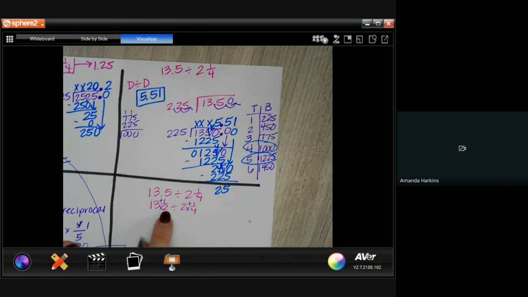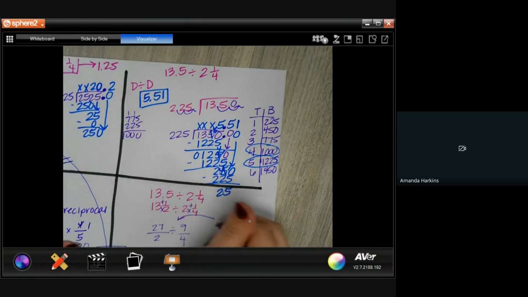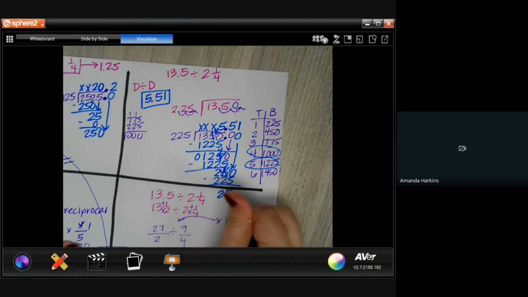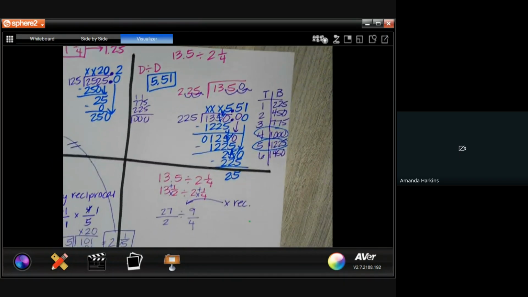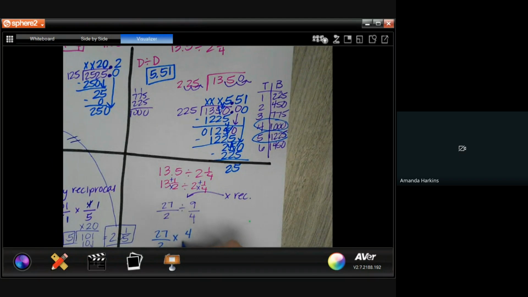So 13 times 2 is 26 plus 1 is 27. 4 times 2 is 8 plus 1 is 9. Remember, when I divide, I want to multiply by the reciprocal. So this is 27 over 2 times 4 over 9.